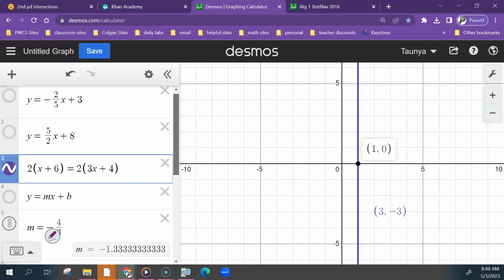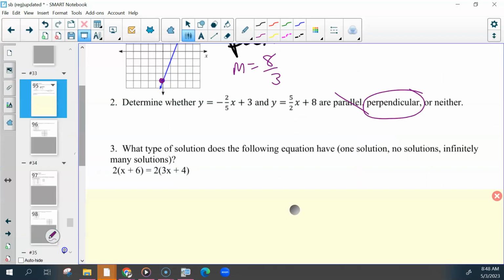If you put in both sides and nothing appeared, you have to put in both sides separately. If they are parallel or don't cross, then it's no solution. If they overlap, that'd be infinitely many. Questions on those 3 so far?